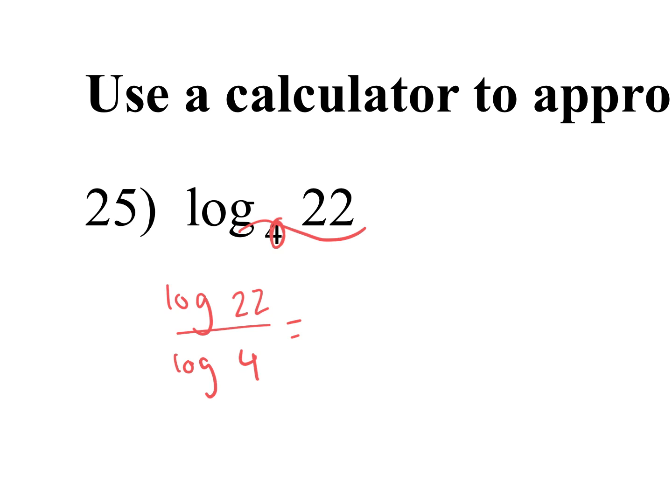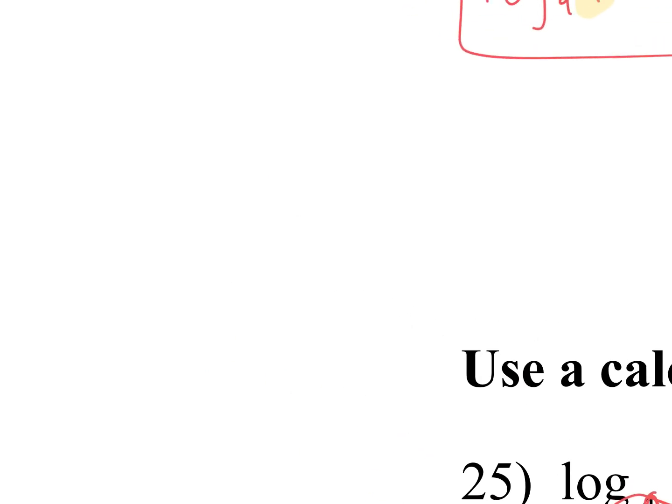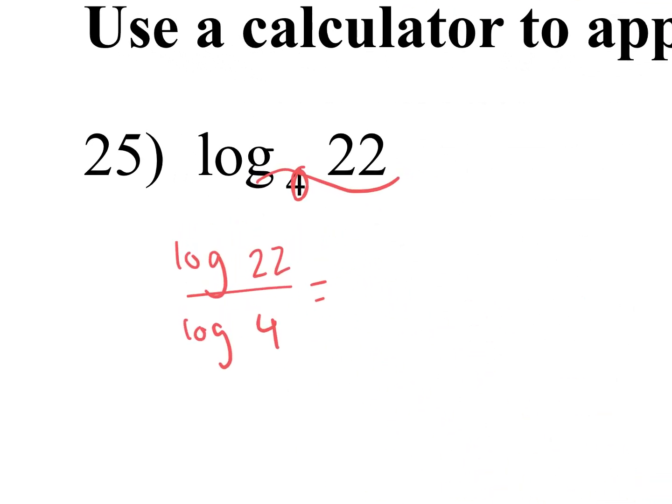So the log of 22 is 1.3424 divided by the log of 4, which is 0.602059, and then we divide these two.